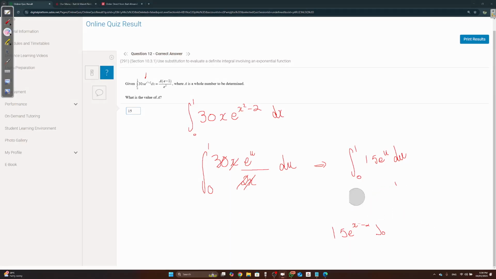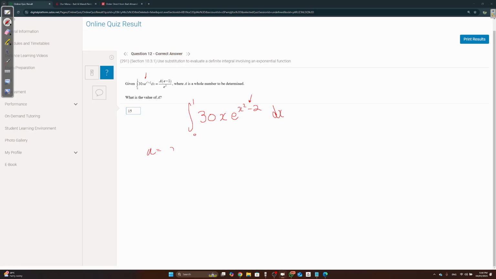Also, I don't know if it's in the book, but I saw someone do this. In my opinion, this isn't how you solve. Here's how I feel like you should solve. Whenever you have something that is e to the power of something different than x, you have to use u substitution. So u is equal to x squared minus 2. That means du is equal to 2x dx, right?